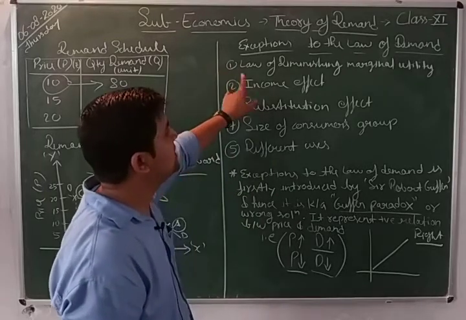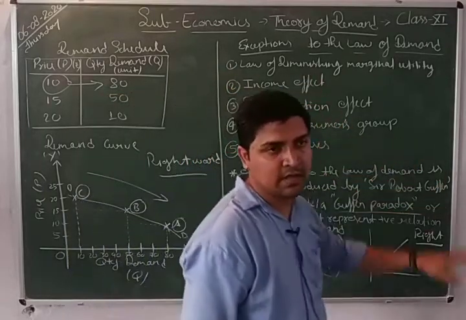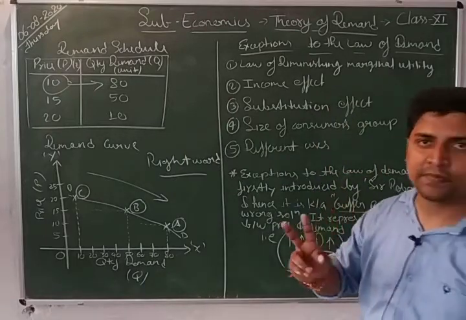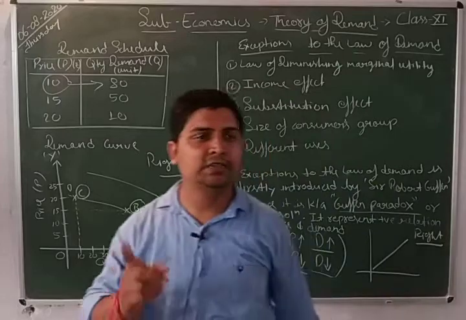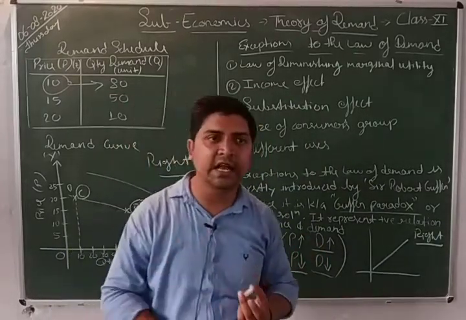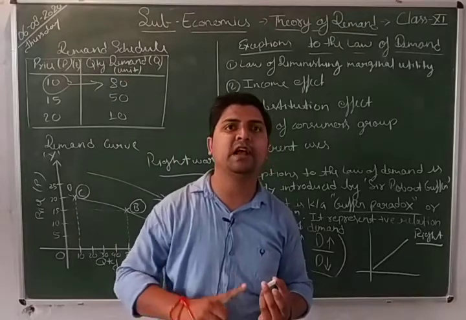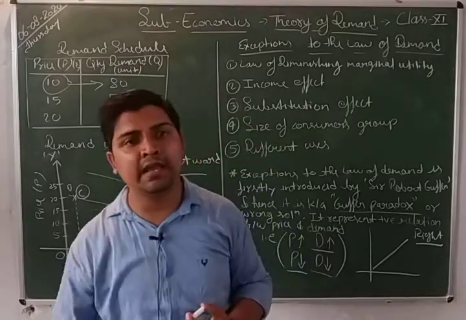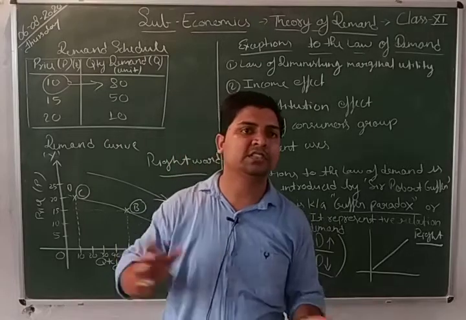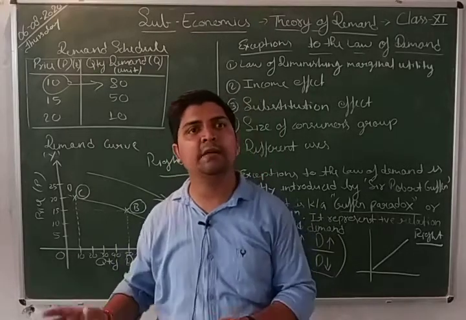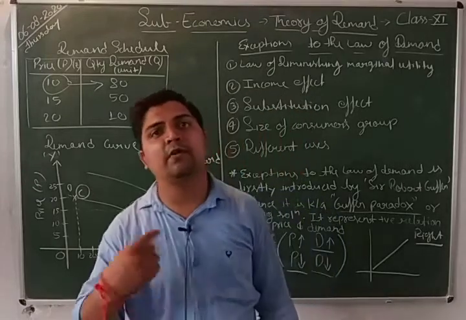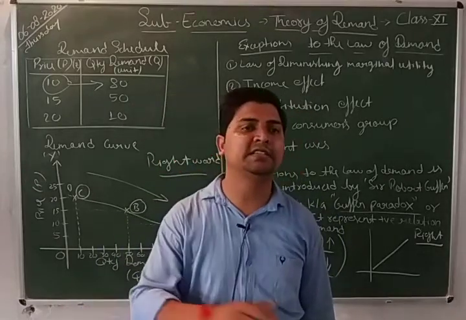Okay, students, with the help of this we will see what are the exceptions of the law of demand. First one is the law of diminishing marginal utility. What is the law of diminishing marginal utility? In our second chapter I taught you that the law of diminishing marginal utility says that if we continuously consume any commodity with constant price, income and other factors, our utility diminishes.